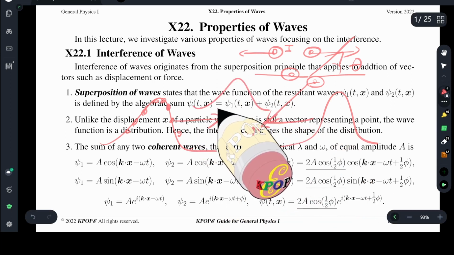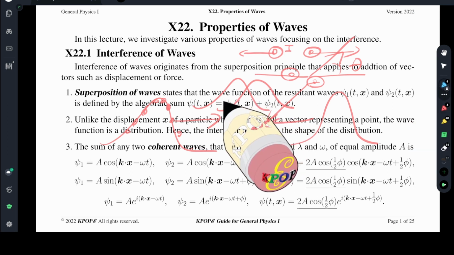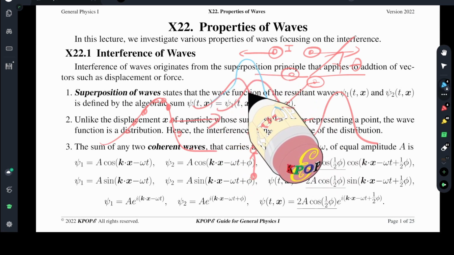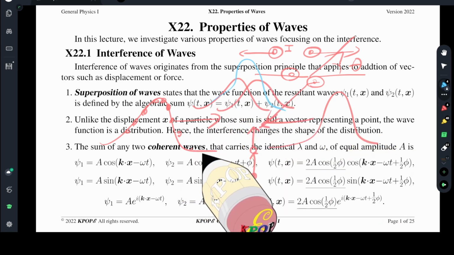So when two waves collide, the resultant wave is something like the algebraic sum of two waves.